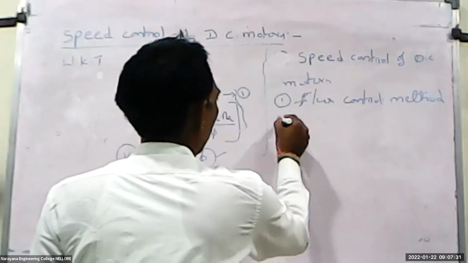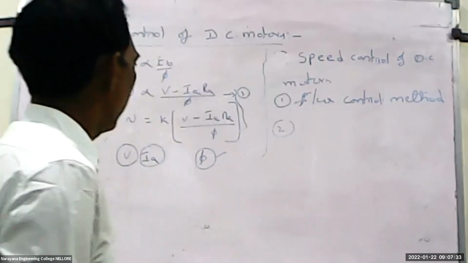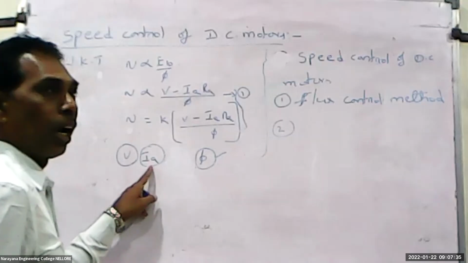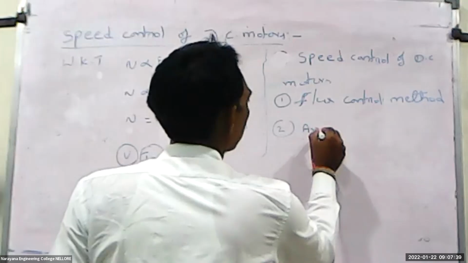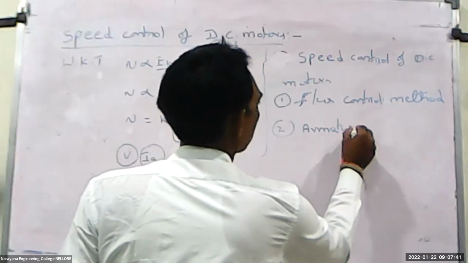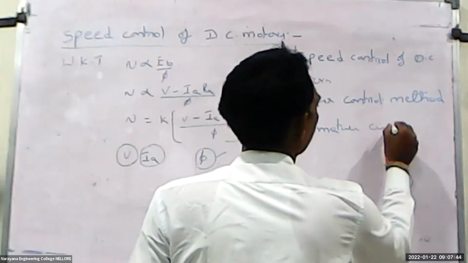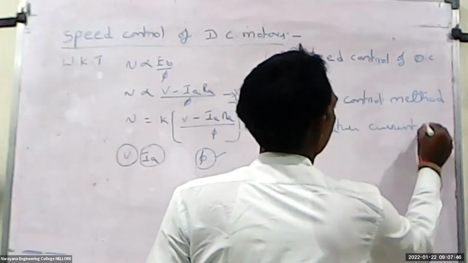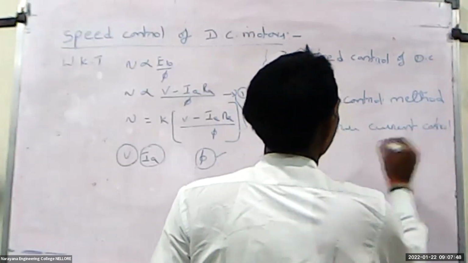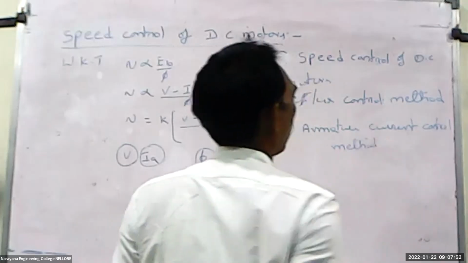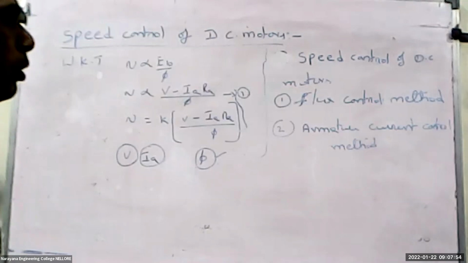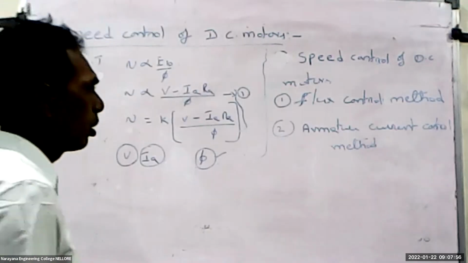Next, the second one is the armature current control method, or armature control method.